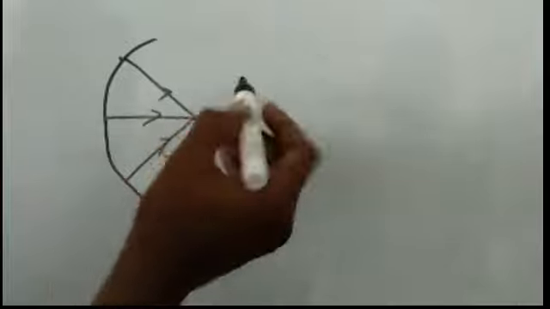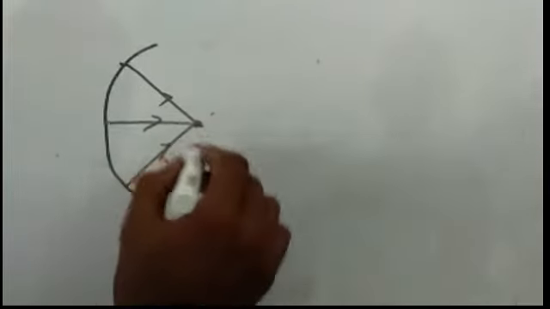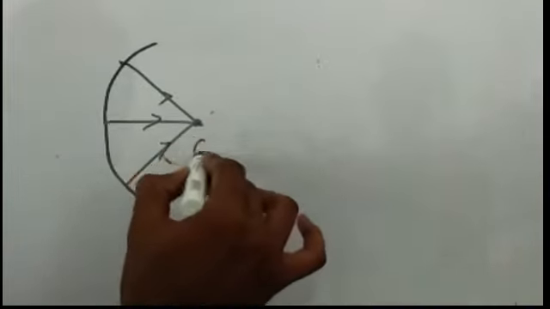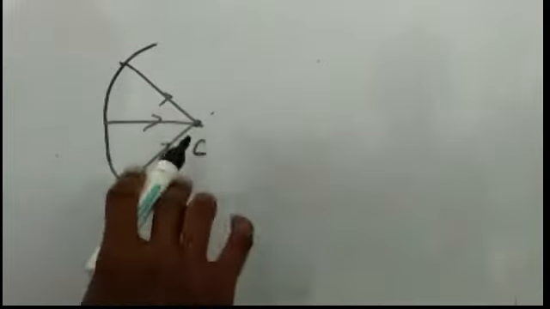We already learned what the center of curvature is. It is the point where all the normals meet, and we denote it with the letter C. Now we are going to deal with the principal axis.